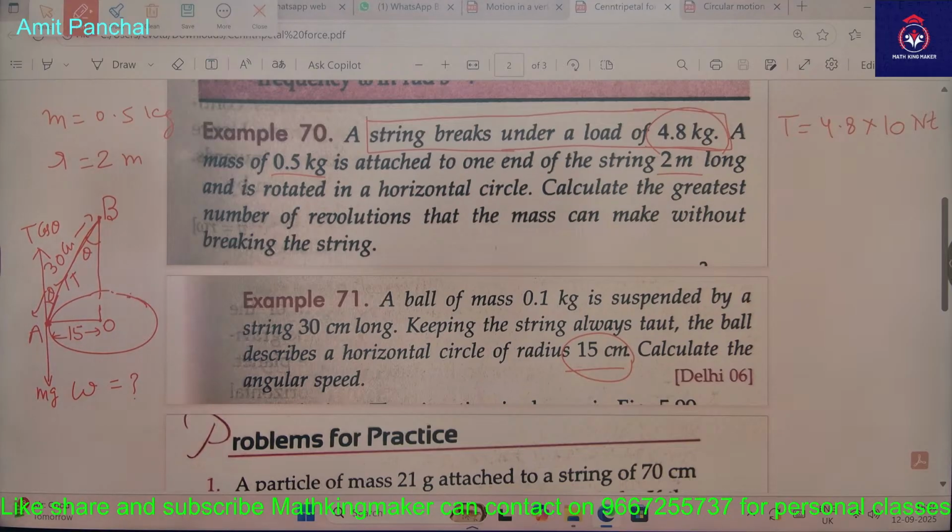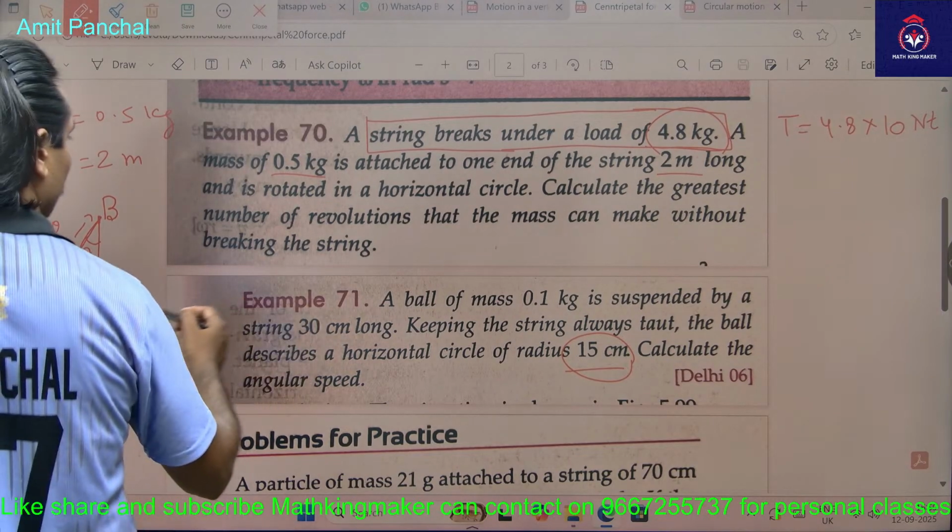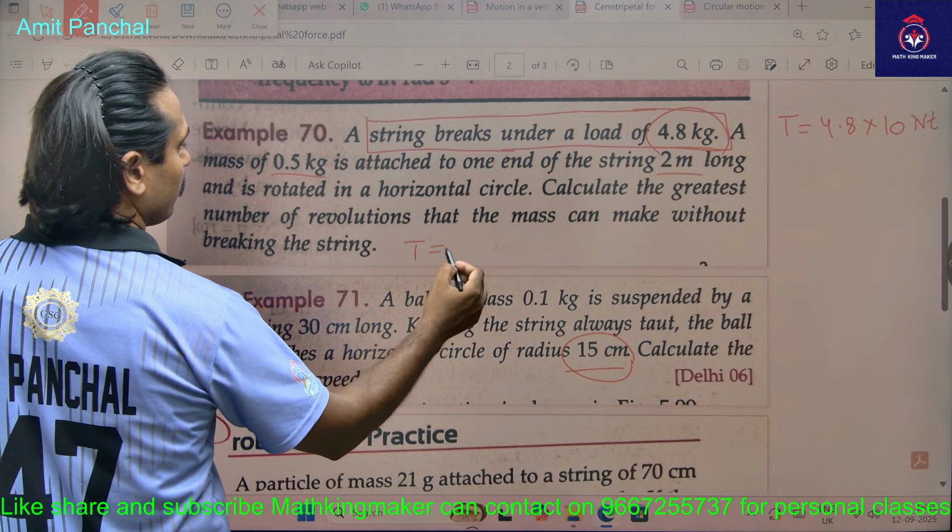So T cos theta will be upward, and T sin theta is keeping it intact. So that T sin theta will be equal to the centripetal force.